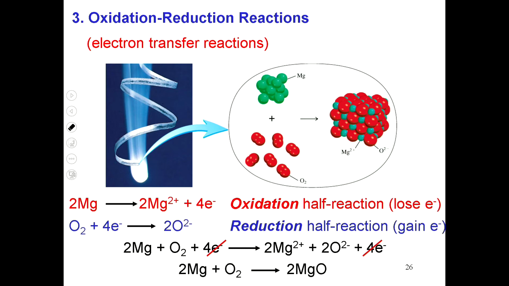So after the reaction, 4 electrons are transferred from the metal to oxygen. So this reaction is called the oxidation reduction reaction.